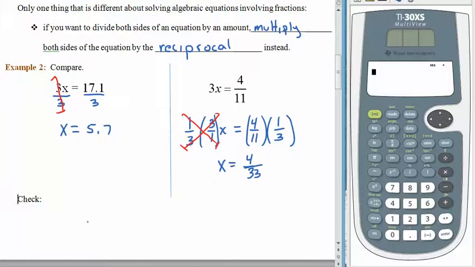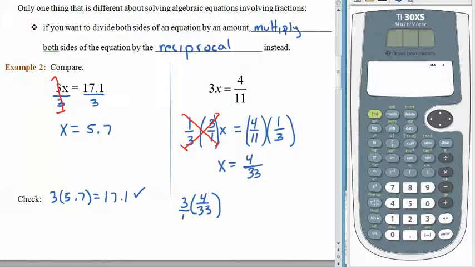You check this just like you ordinarily would. Right? 3 times 5.7. Make sure that that equals 17.1, which it does. Yay. Or we do it over here and we say, hey, I need 3 times 4/33. Again, think of that 3 as 3 times 1 so you can clearly see your numerators and denominators.